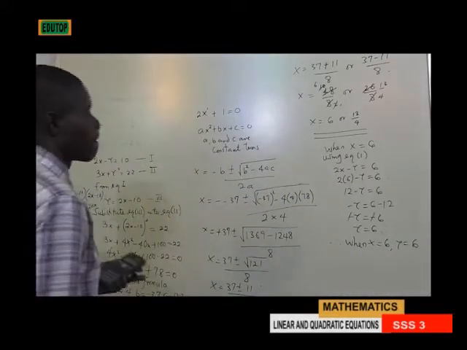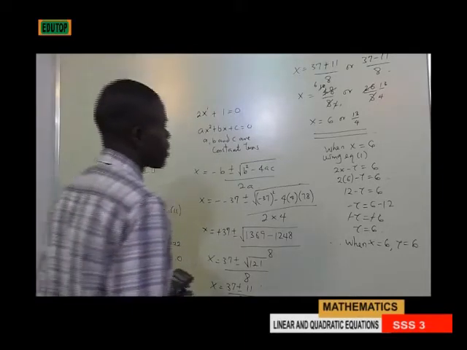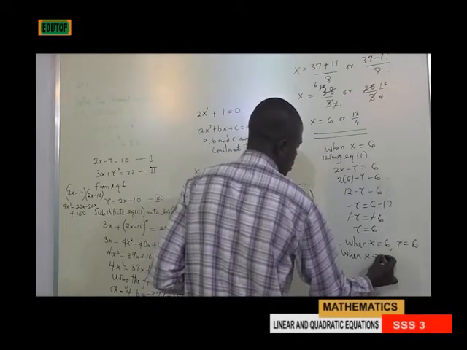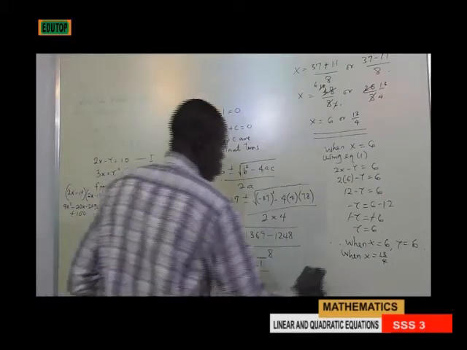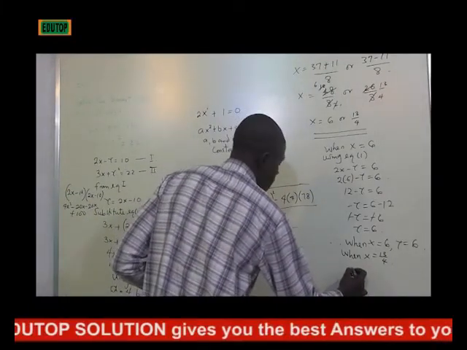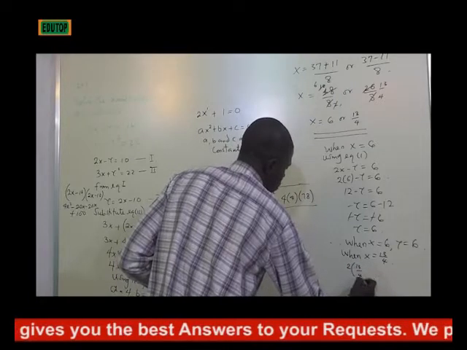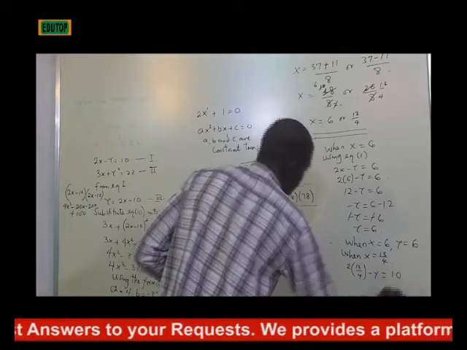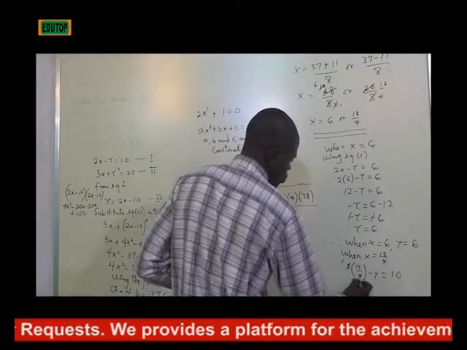Then, when x is 13 over 4, using that same equation 1, I'll have 2 into 13 over 4 minus y equals 6. Then 2 into 4 here, 1 and 2.